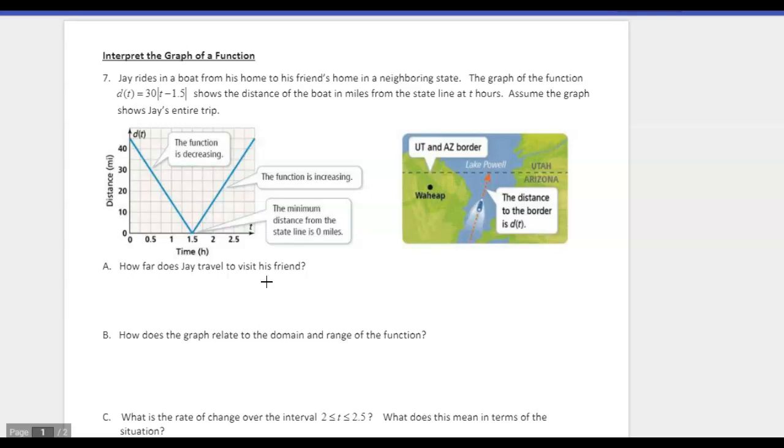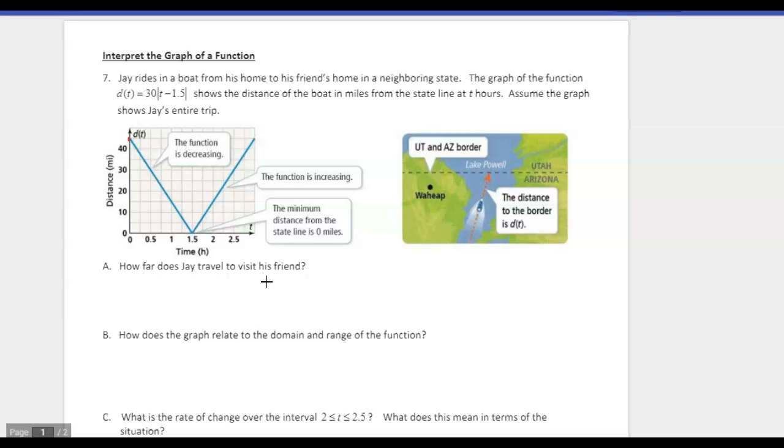And it says, how far does he travel to visit his friend? Well, as he leaves the first state, which I guess is Arizona, if we look over here, it would appear that he started 45 miles away, and then he went all the way to the border. So he went 45 miles.